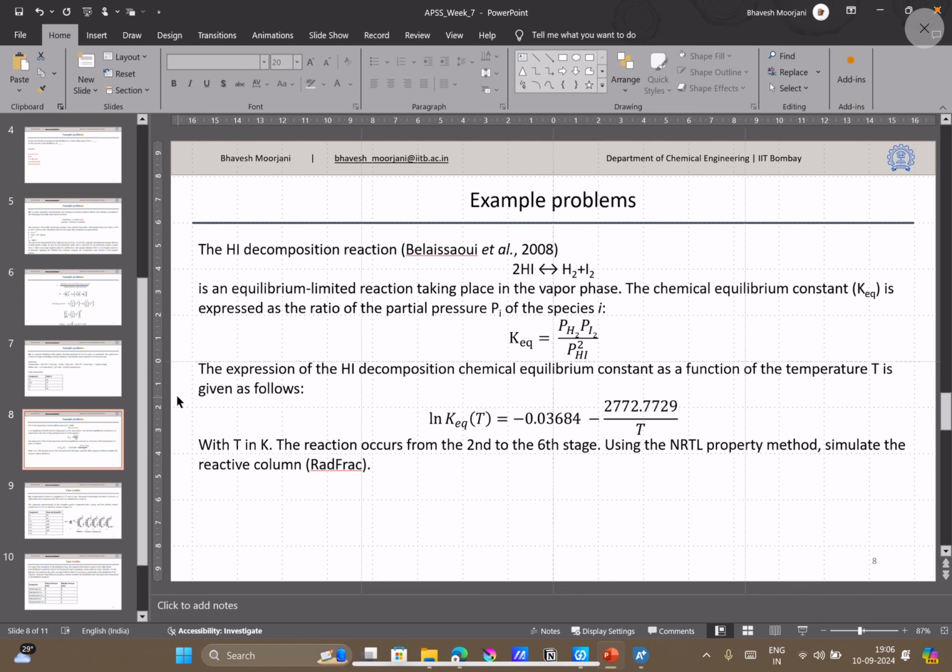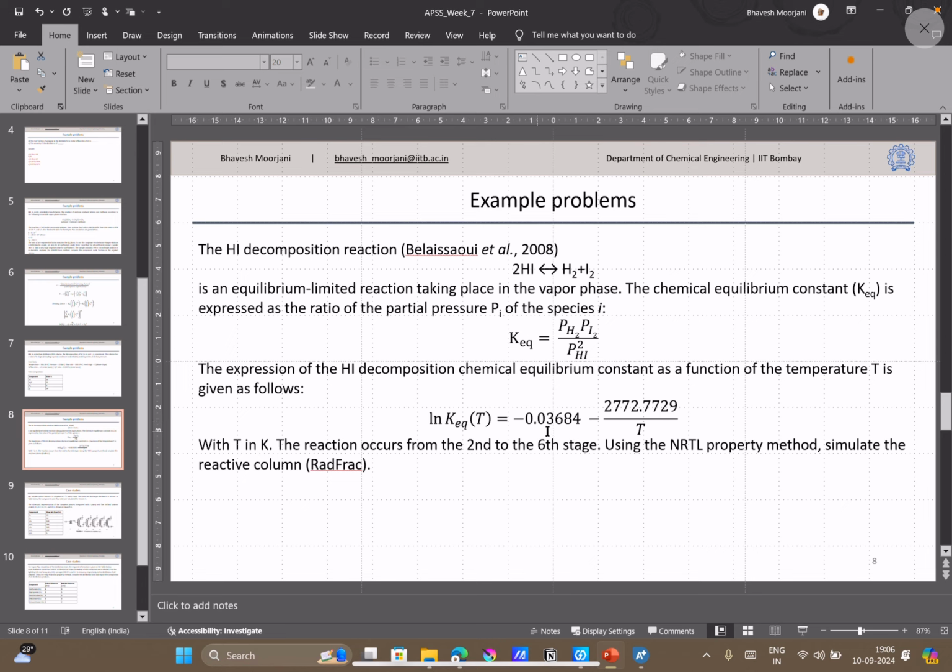Now for the reaction part, the HI decomposition reaction is taken from this reference research paper, where it's a reversible reaction. It's an equilibrium limited reaction taking place in the vapor phase. The chemical equilibrium constant is given, which is a function of partial pressure of a species. The expression of HI decomposition chemical equilibrium constant as a function of temperature is also provided.